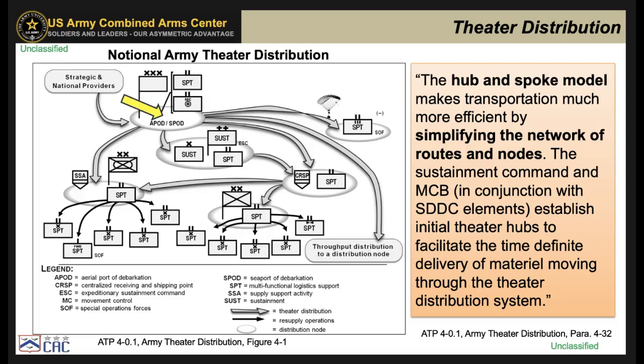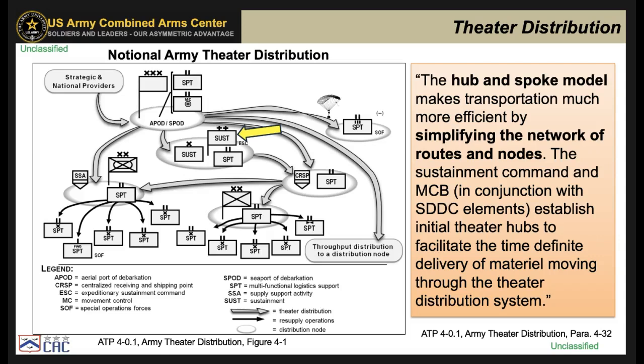From there, the materiel travels through the aerial and seaports of debarkation before being distributed to multiple sustainment hubs across the operational theater. The Theater Sustainment Command, in conjunction with movement control battalions and elements from SDDC, plays a crucial role in establishing initial theater hubs.